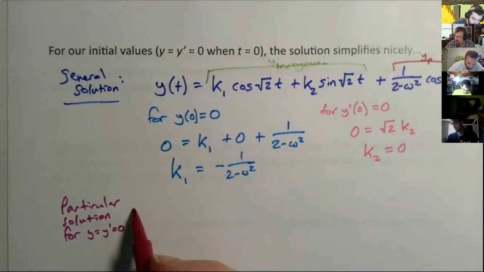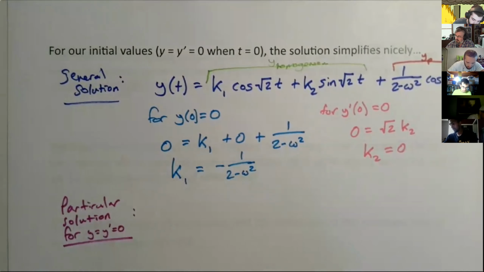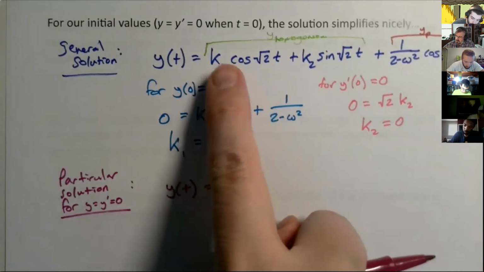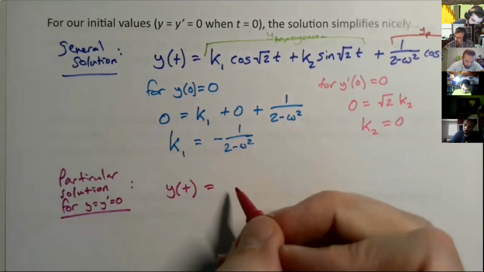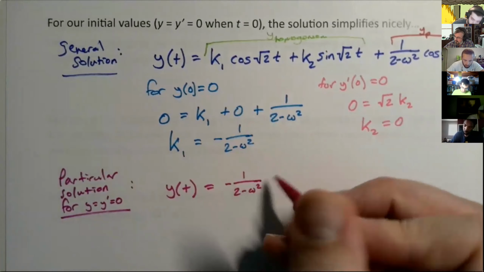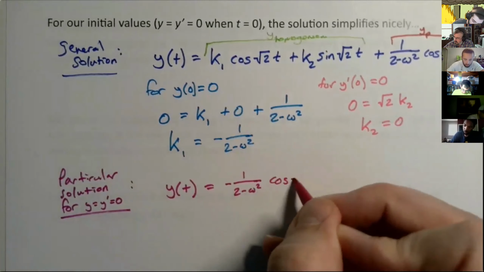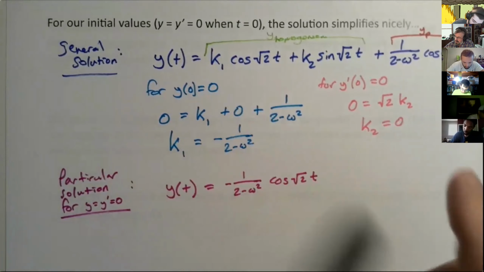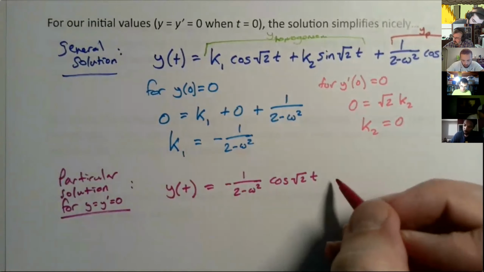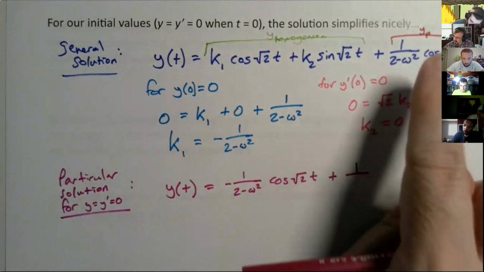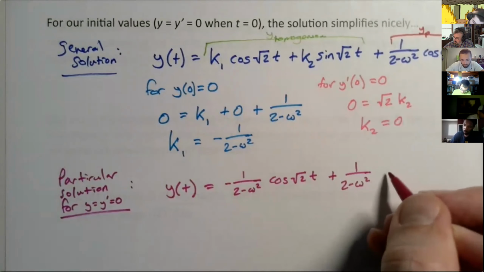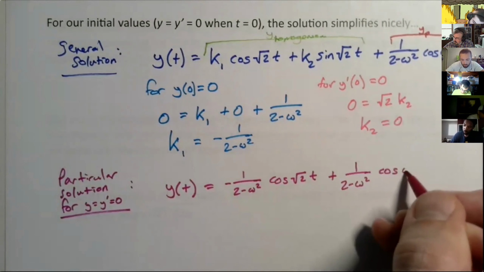So for those initial conditions, we have our particular solution: y(t) equals K1, which is -1 over (2 minus omega squared) times cosine root 2 t. And K2 is equal to 0, so that term goes away. Plus this guy right here is still around, 1 over (2 minus omega squared) times cosine omega t.